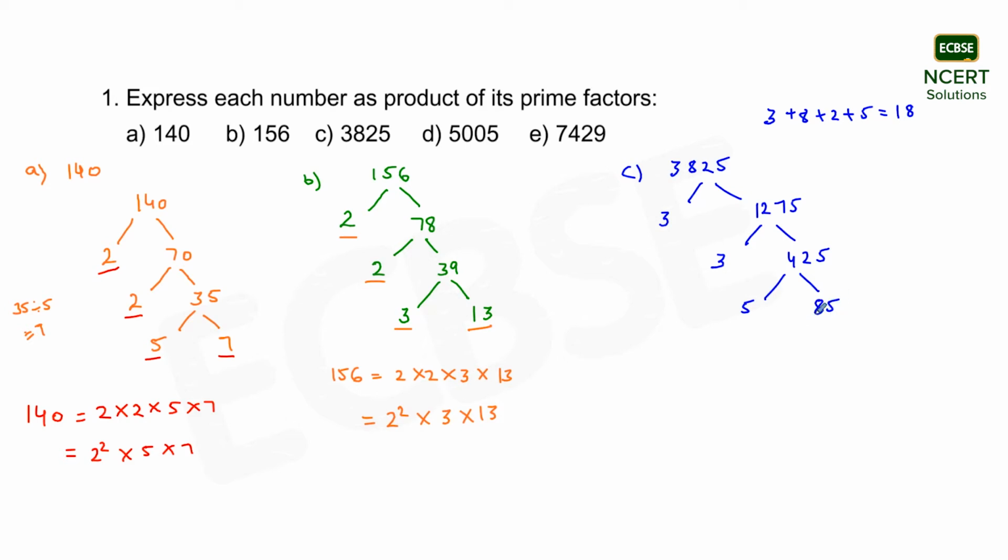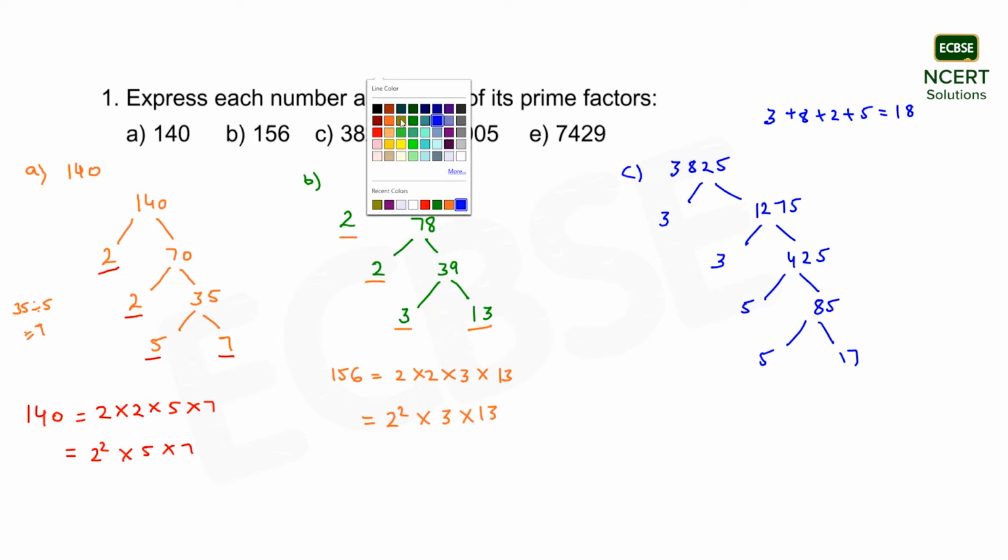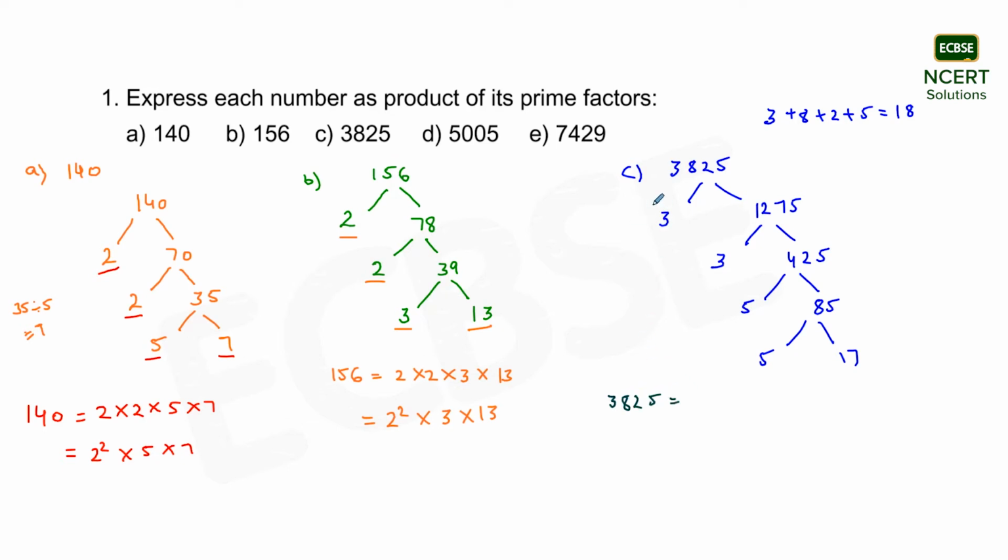Now 85 is again divisible by the prime factor 5 because it has 5 in its unit place. Now I'll be left with 17. And we can say very clearly that the number 17 is a prime number itself. So I can represent the number 3825 as the product of its prime factors, where the factors are 3, 3, 5, 5 and 17.